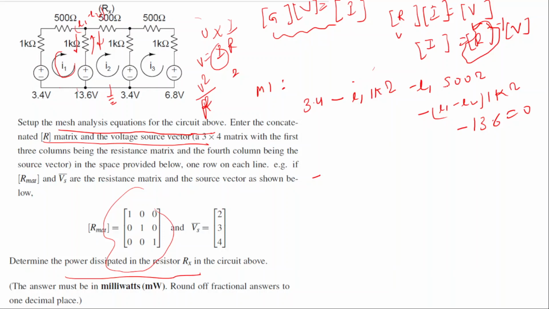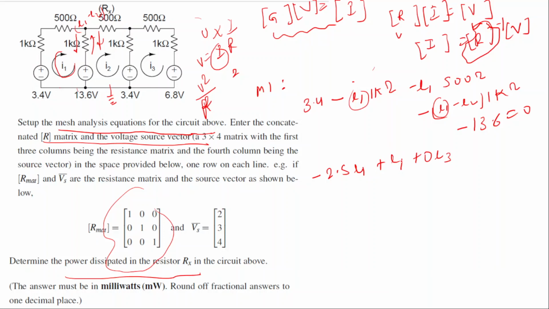So this is 0.5 I1 and this is 1 I1, this is 1 I1, this is 0.5 I1. So it becomes 2.5 times I1, and then this minus sign becomes positive, plus I1 plus 0 times I3.